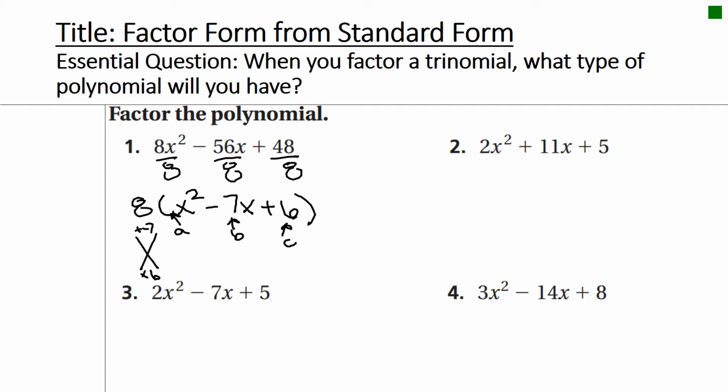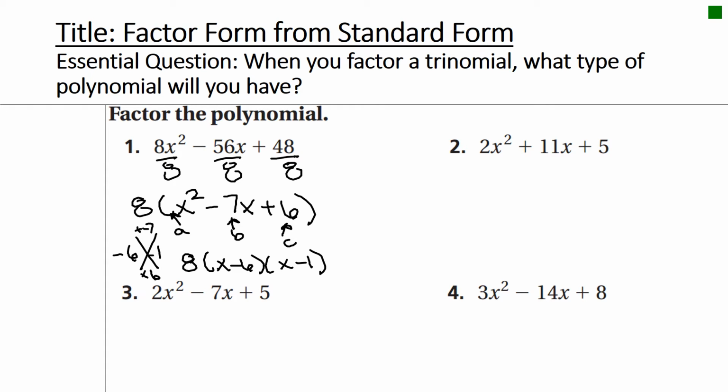The only two numbers I can think of that multiply to 6 and add to 7 are 6 and 1, and they both have to be negative in order for the 7 to be negative and the 6 to be positive. So our factored polynomial, when you're given a trinomial that is kind of big, is our greatest common factor 8 times x minus 6 times x minus 1.